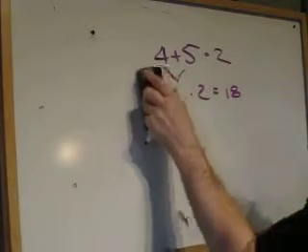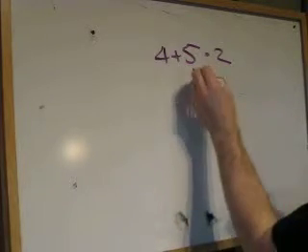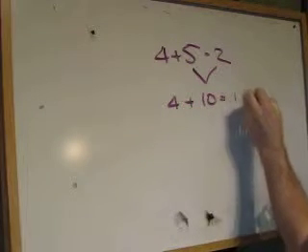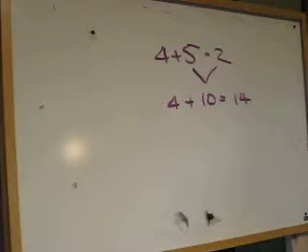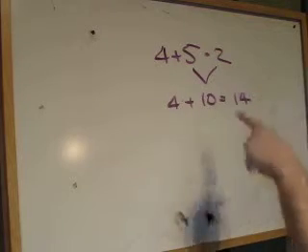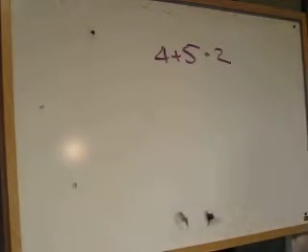Or does it mean 5 times 2 is 10 plus 4 equals 14? Problem is we get two different answers. Which one is right? Well, that's up to you or to the book to determine what kind of punctuation they're going to use in order to tell you what you need to do first.